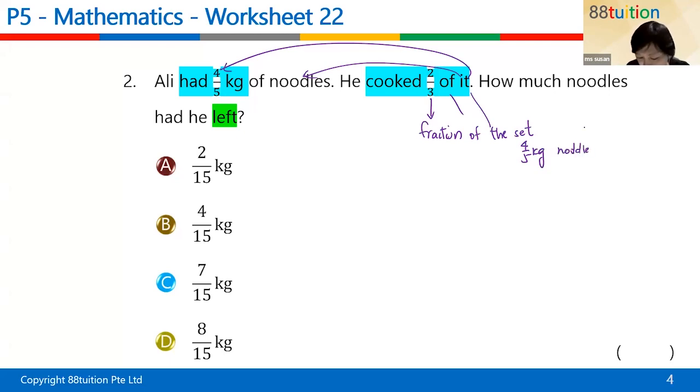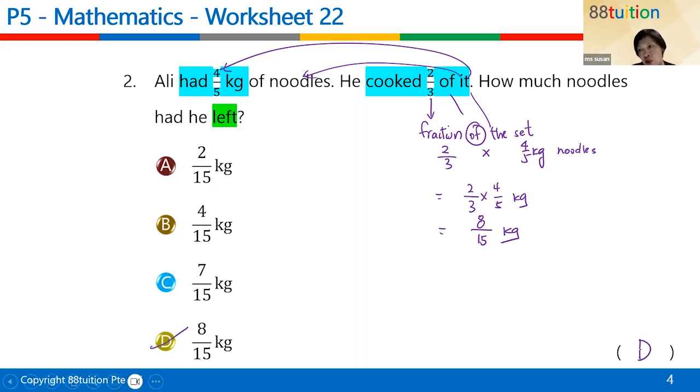So what fraction of it is 2/3? Remember, we say of means you multiply. So you will have 2/3 multiplied by 4/5 kg. Numerator will be 2 times 4 is 8. Denominator, 15.